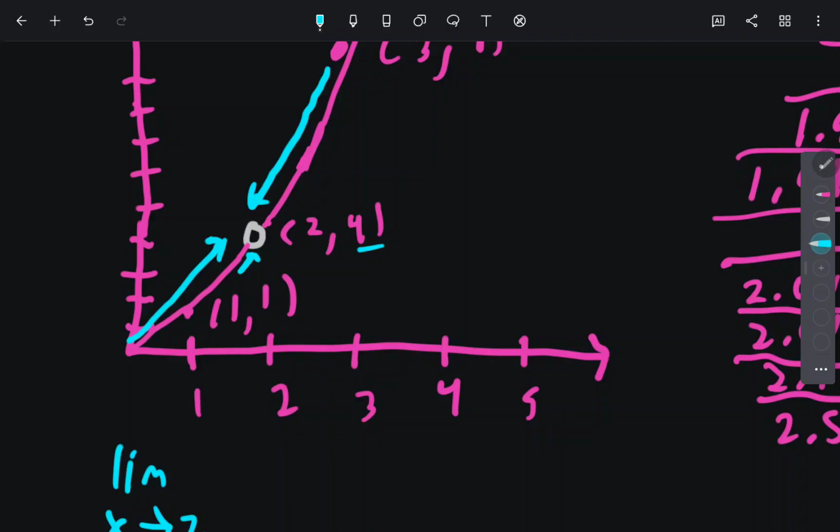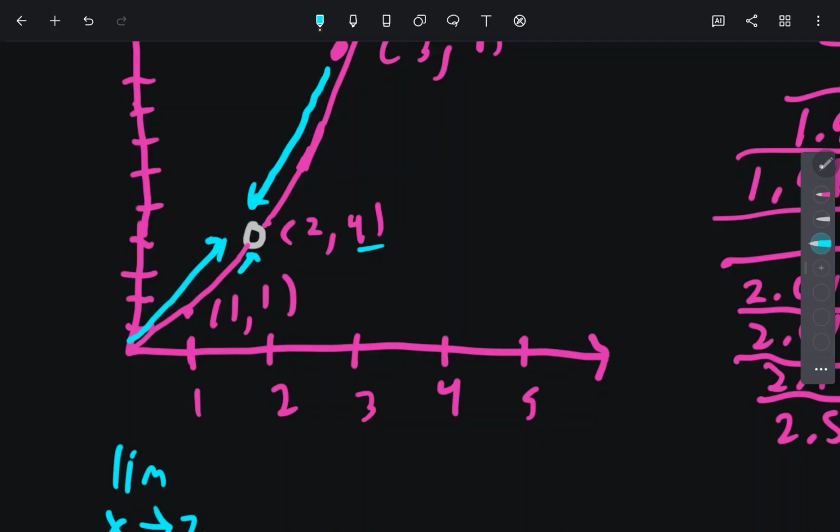Now let's take a look at it from the right. So, say 2.1 and square that. Well, 2.1 squared is 4.41. That's pretty far away, but what if we get even closer? What if we do 2.01? Well, now that's equal to 4.04. Oh, that's getting really close.